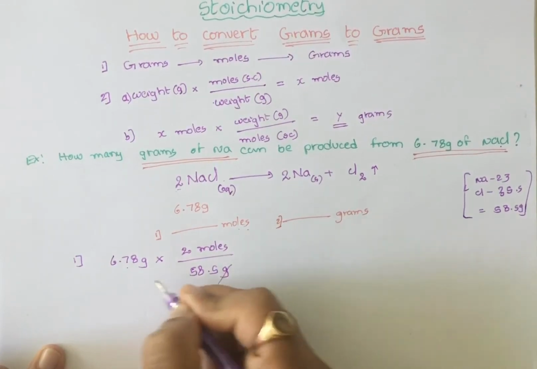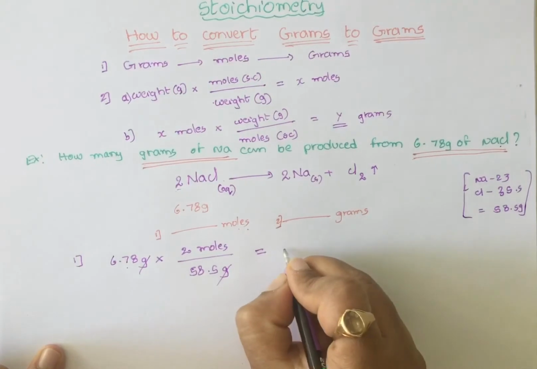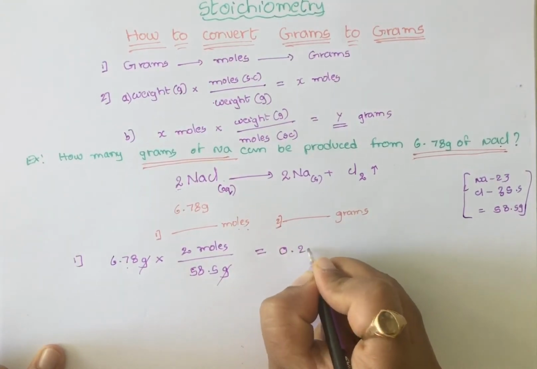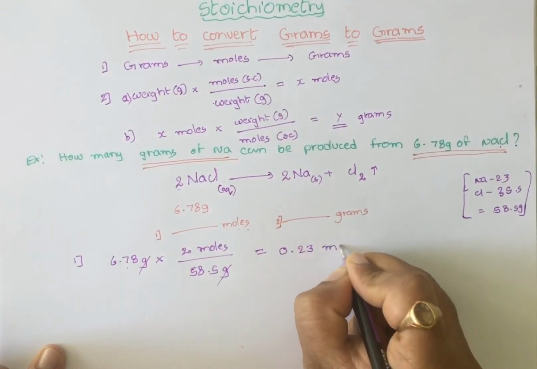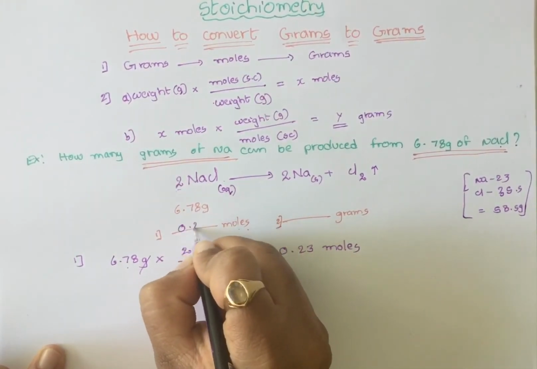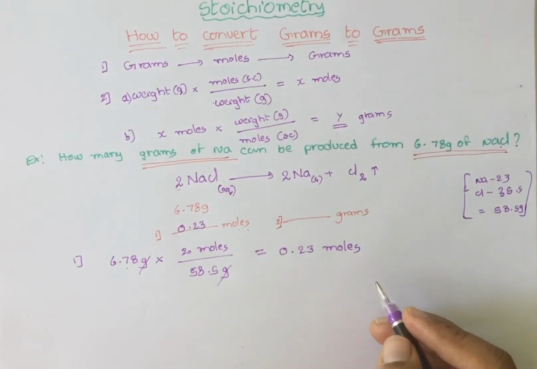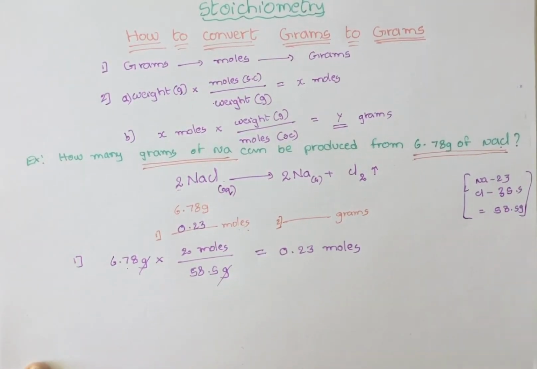If you do the calculation, grams will get cancelled and you are going to get the answer in moles. This is the x value, 0.23 moles. So what is this 0.23 moles? We converted grams into moles of sodium chloride. 0.23 moles is reacting.